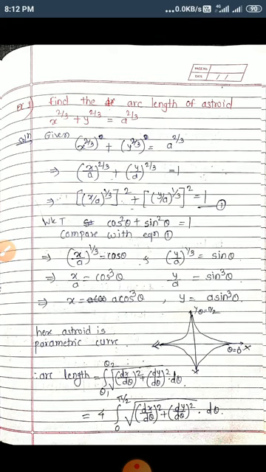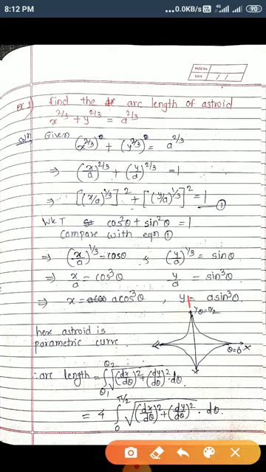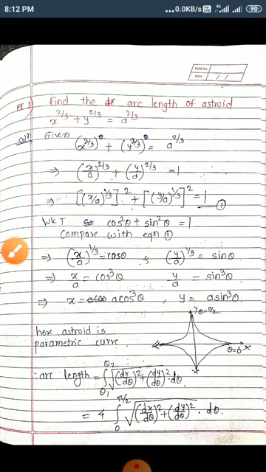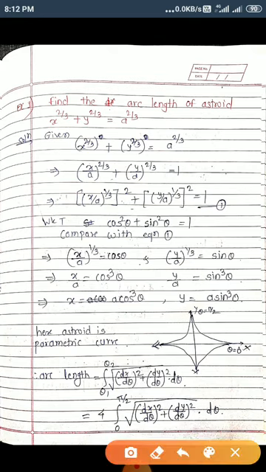That's why if we find this one-fourth part, or the first quadrant part of the rectification of this curve, and then multiply by 4, we get the whole length of this curve. So I am taking here 0 to pi by 2 and into 4.